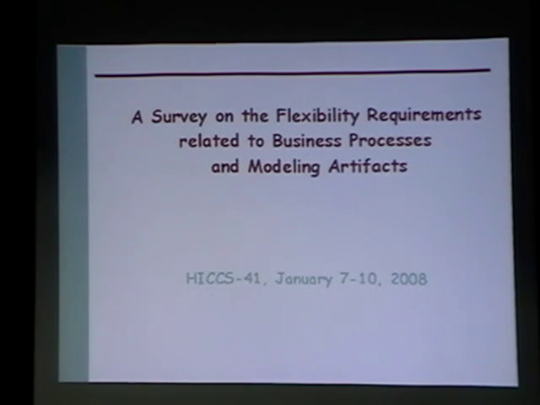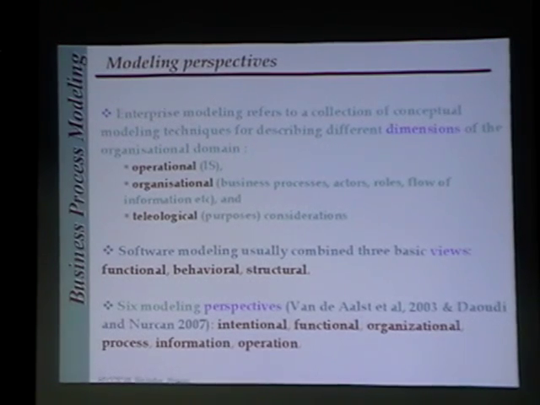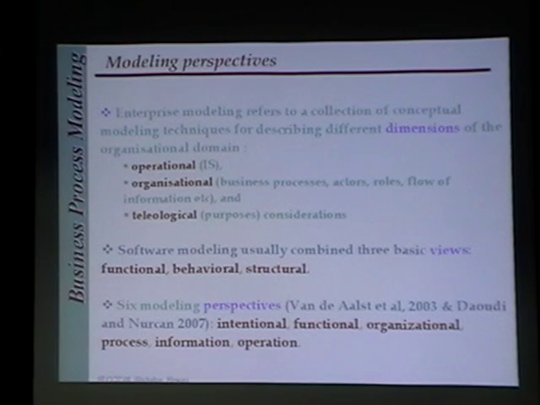Okay. This is from a work that I did in 2008, a survey of flexibility requirements modeling related to business process and modeling artifacts. So here, the 3 dimensions that we already saw: operational, organizational, teleological.